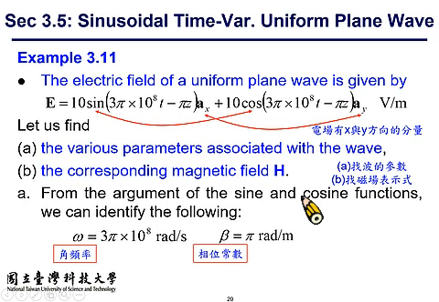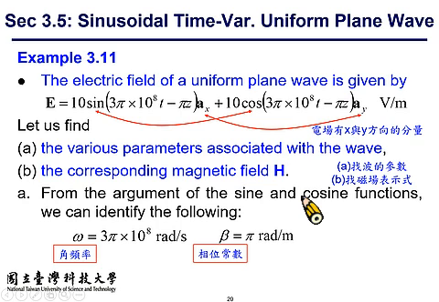And as time progresses, suppose that you remain at the position z equal to 0, but t is increased gradually. Then as t increases and the variable omega t minus beta z equals pi over 2, or 90 degrees, then sine 90 degrees is 1 and cosine 90 degrees is 0.